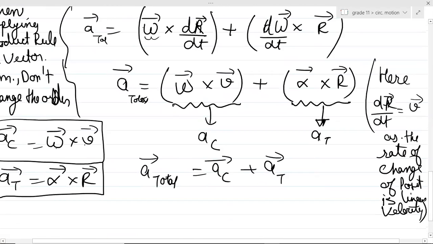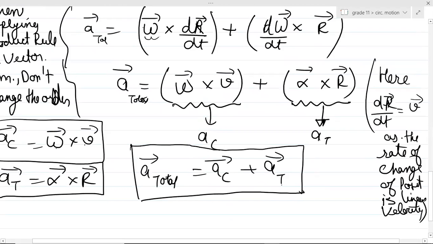Please write them down. And from here you get your final answer, the total acceleration and the AC and AT which we discussed in the last class, right? So now is the derivation clear? Guys, is the derivation clear? Where did you write AT as alpha cross r? Yes or no?